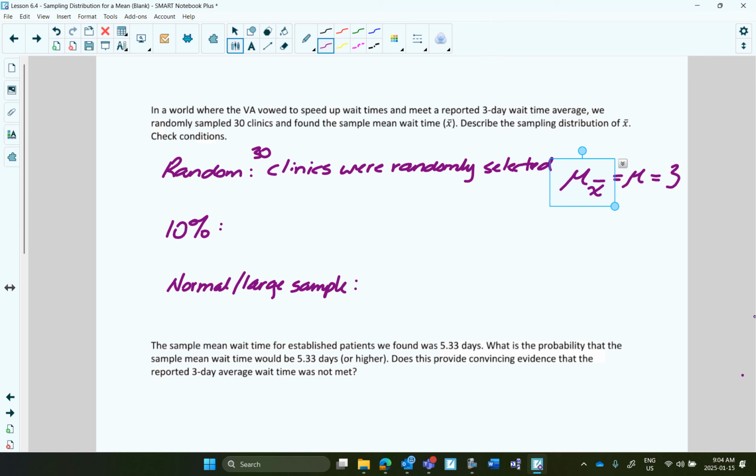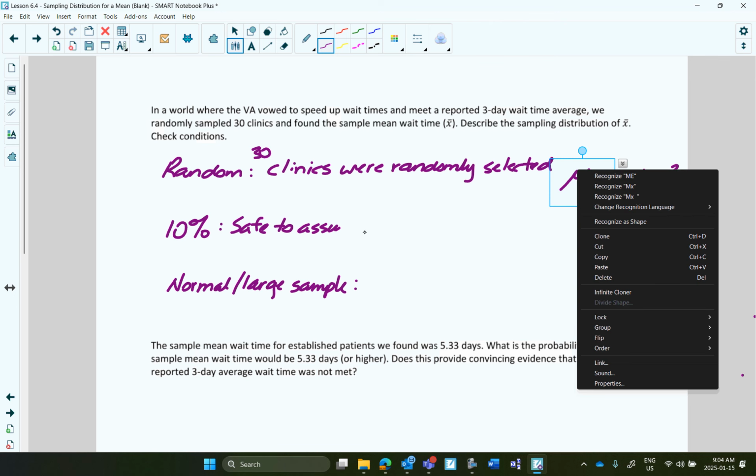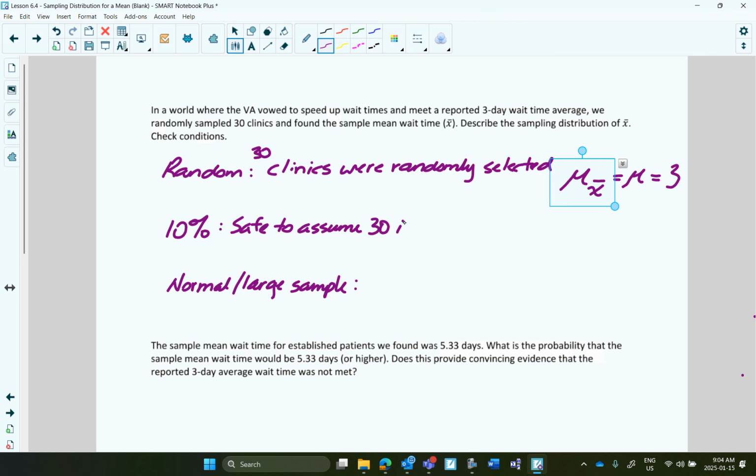For the 10% condition, we need a safe assumption, safe to assume that 30 is less than 10% of all VA clinics in the States.